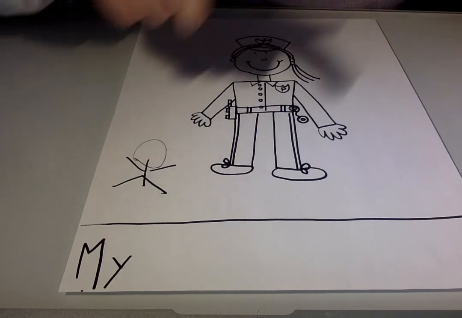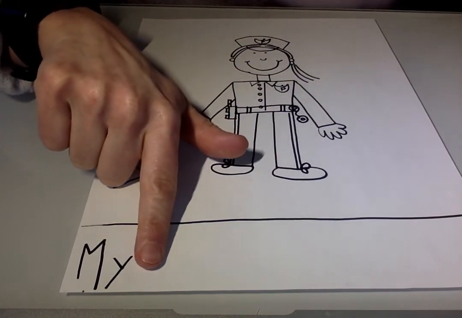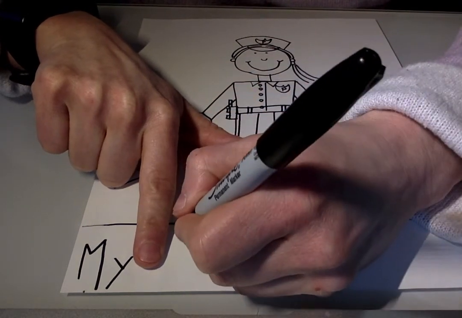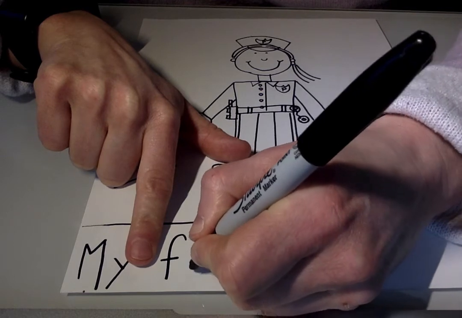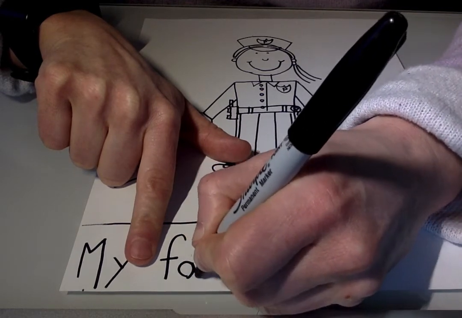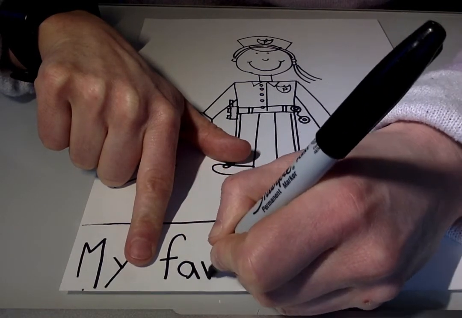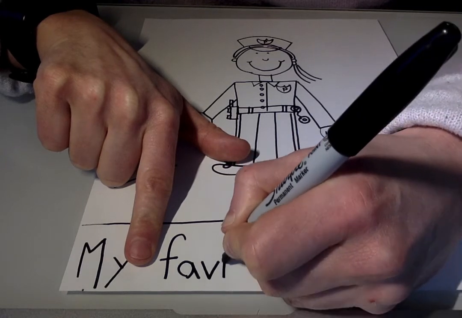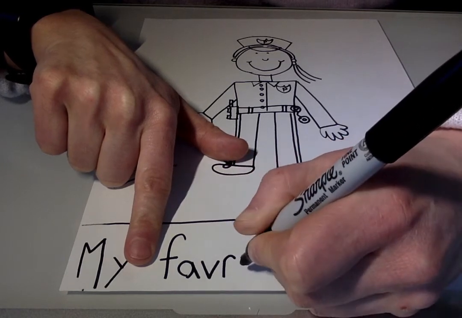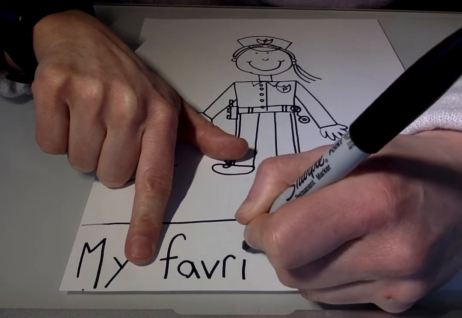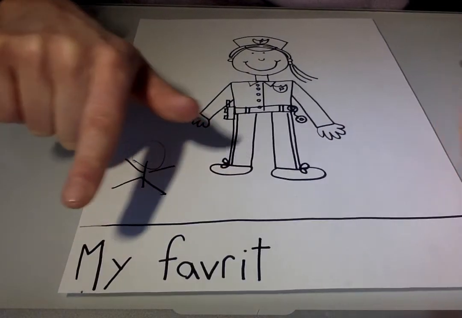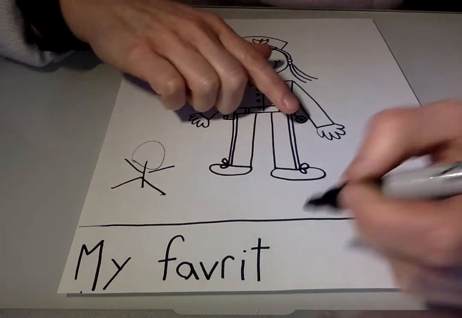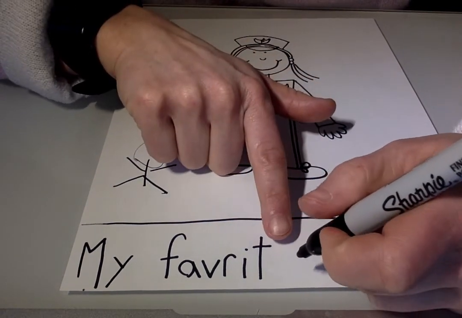I think that's a new word. I'm going to put a finger space and I'm going to write favorite. Oh, that's the letter F. F, A. I need the letter A. Fav, V, favor, R, favorite. That's the letter I. Favorite. That's the letter T. My favorite is.